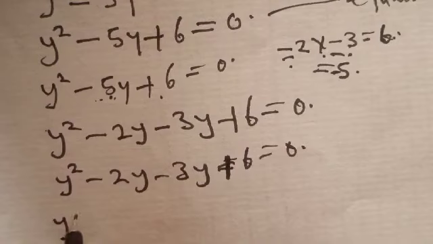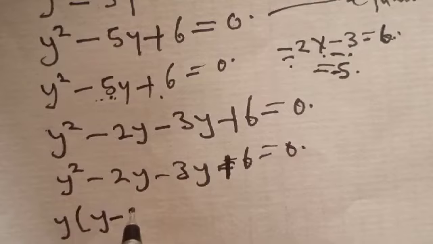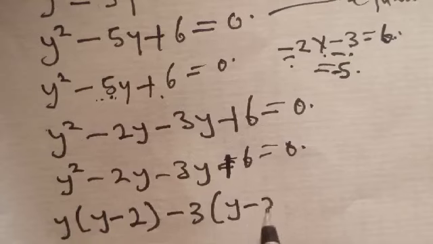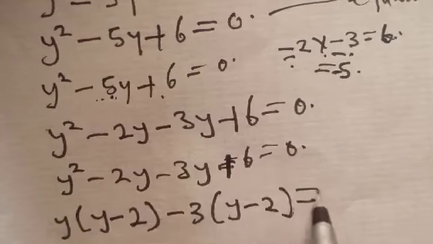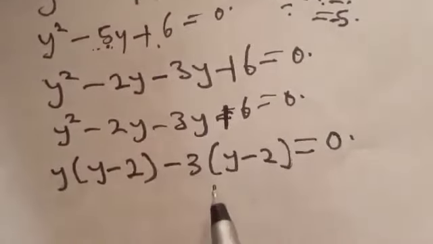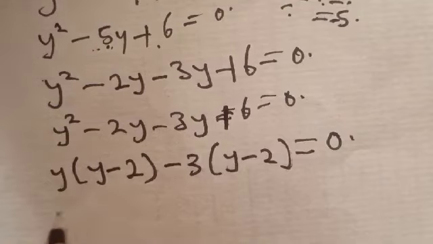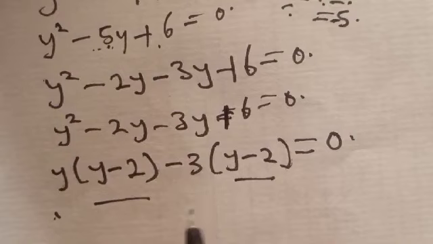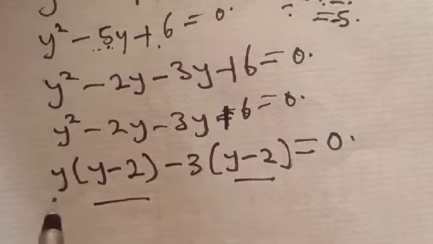y into y minus 2, minus 3 into y minus 2 is equal to 0. If you expand this, you get this value. Then we have this and this in bracket. They are the same thing, but this y and this can go together.